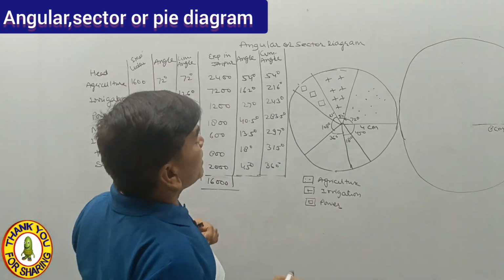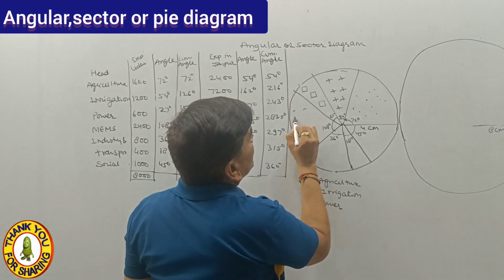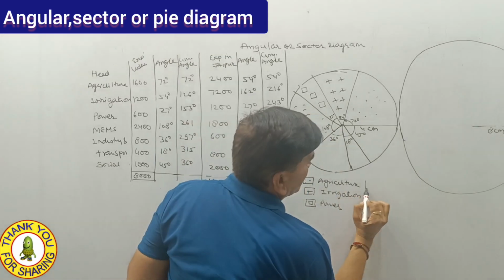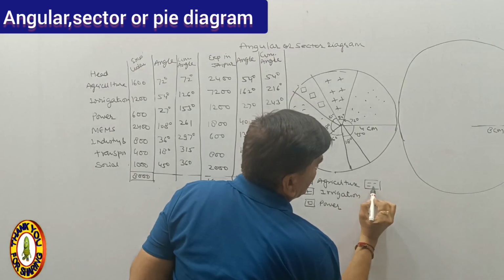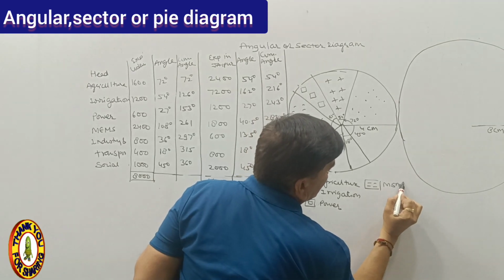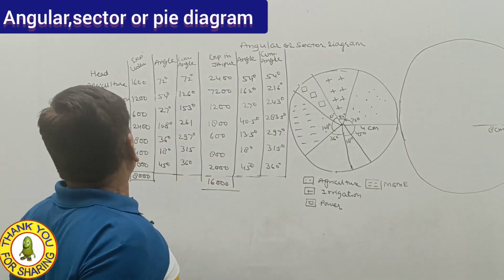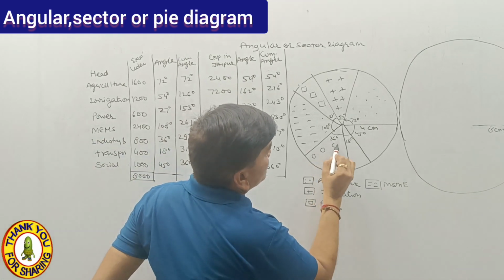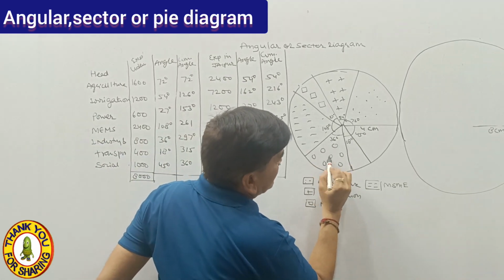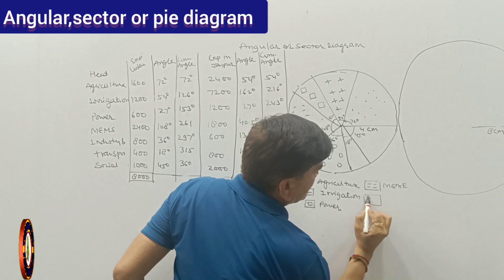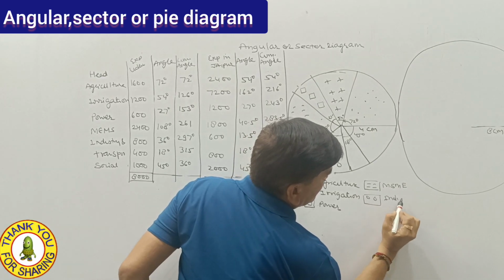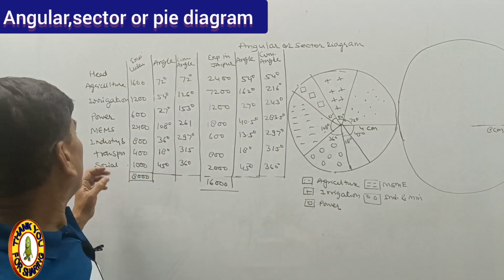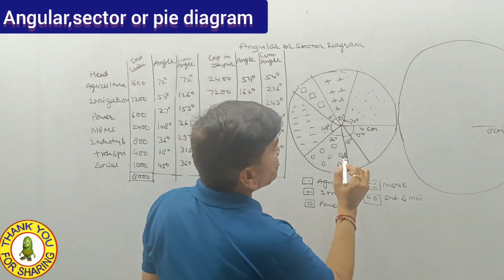Then MSME, suppose this symbol shows the MSME. Next one, industry and minerals. Suppose this symbol shows industry and minerals. Last one, transportation.